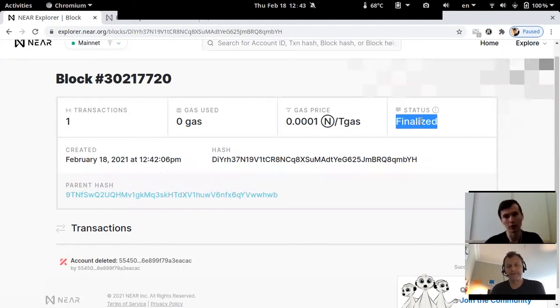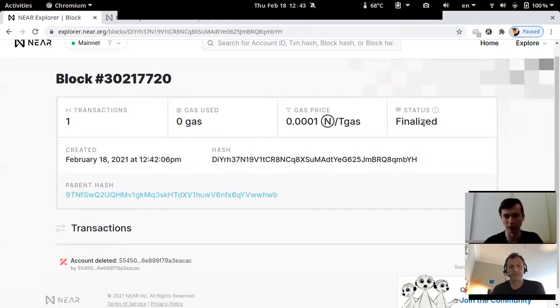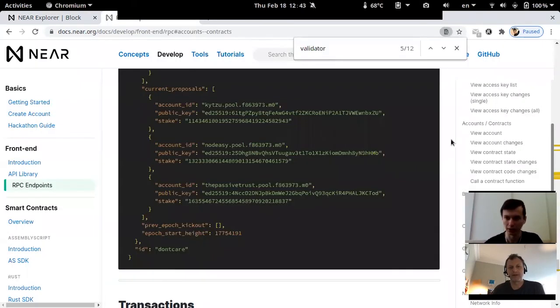Well, what we check is the status. To understand whether the block is finalized, we have this info: we have this block in the database, but we don't know whether it's finalized. To make sure that we display it as finalized, we query the status endpoint on RPC. Not the status, sorry, I'm querying the blocks.